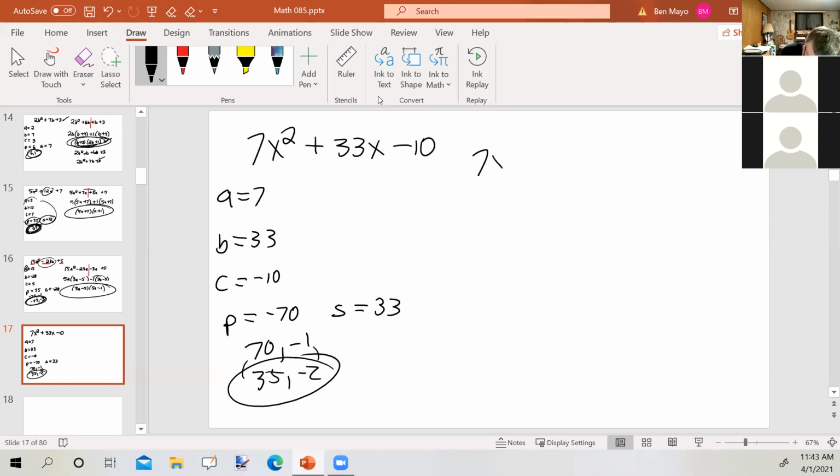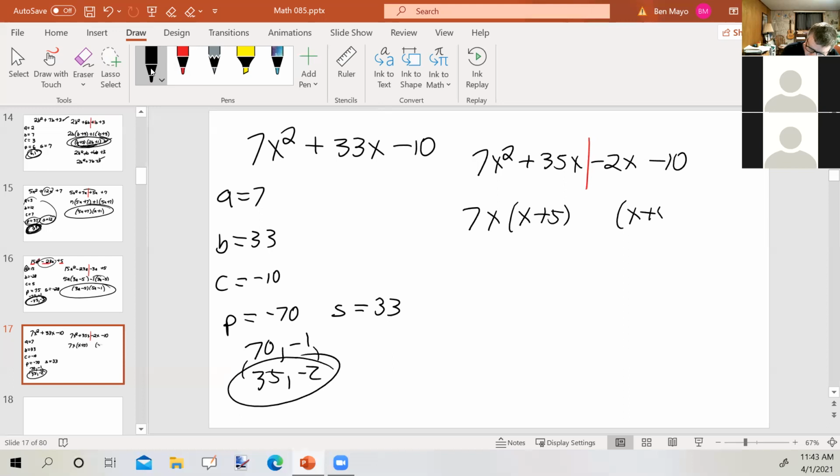So we're going to take our trinomial and split the middle term, 35x minus 2x, and then minus 10. Factor by grouping, greatest common factor of the first two terms, 7x with an x plus 5 left over, x plus 5 left over here, and a minus 2 out in front there.